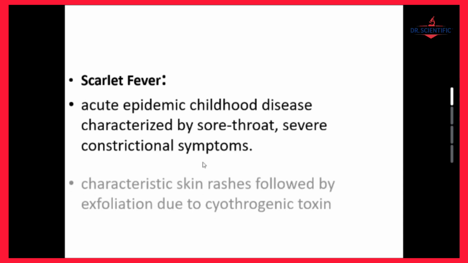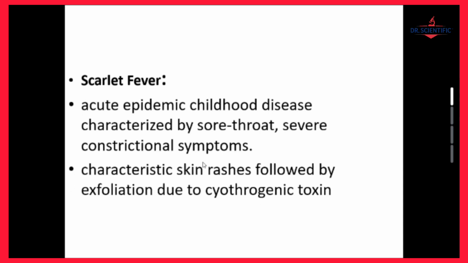If we are not quick in terms of treatment, you can easily lose a patient because it's an acute epidemic childhood disease, which is characterized first of all by a sore throat. That's how it starts. Then, if there is no treatment, it moves to severe constrictional symptoms.